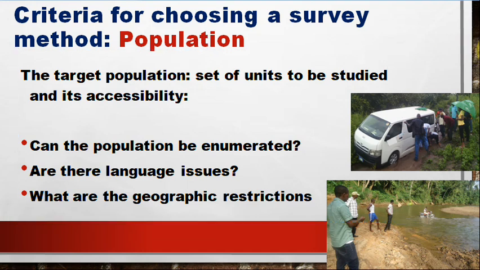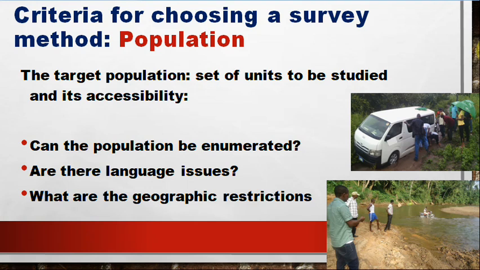Okay? And then you want to check how accessible this target population is. And to check them, there are key questions you need to ask. You quickly consider whether this population is something that can be counted.